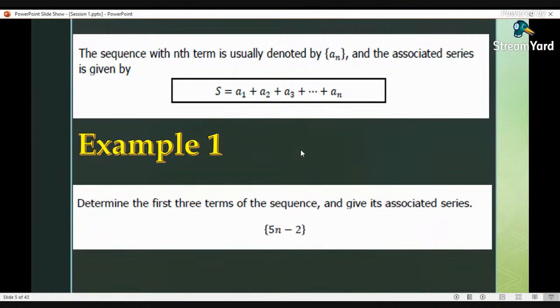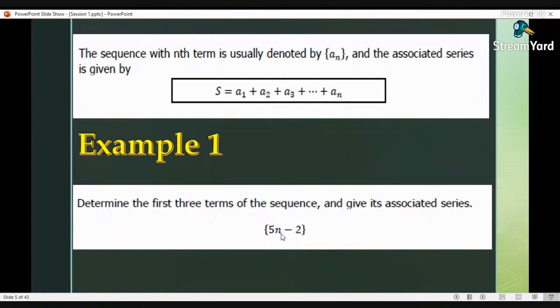Okay, for example, determine the first three terms of the sequence and give its associated series. The sequence is 5n minus 2, and all you have to do is substitute the values of n as 1, 2, 3.